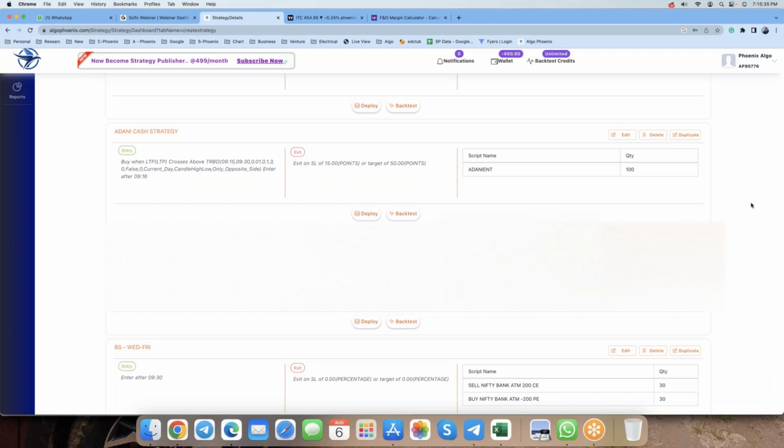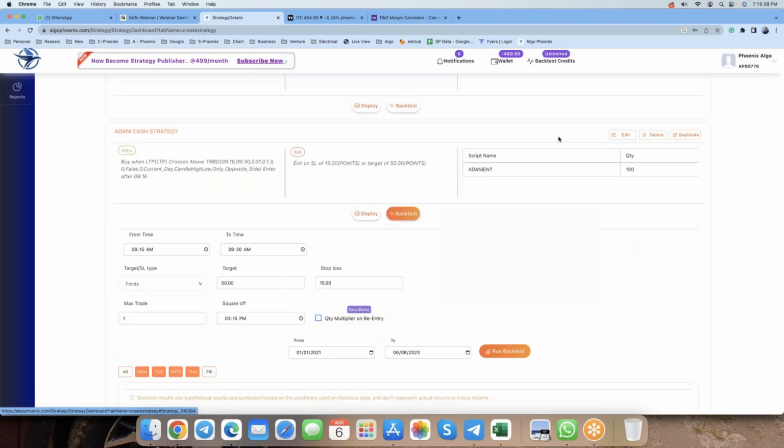Once the strategy has been created, I can go and do a back testing. I have an option to do a back testing on this and see which is working well and which is not working well. All those things we can try and see which is good or bad.